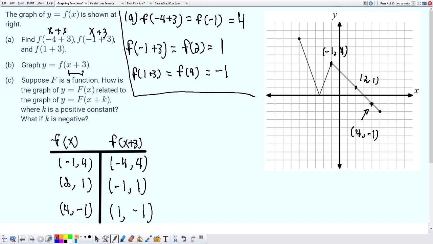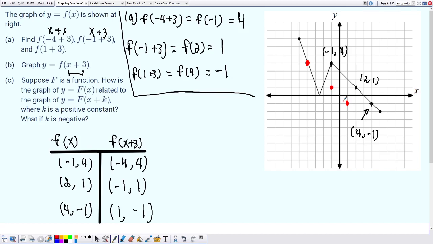Now let's graph those points. So we have negative 4, positive 4. We have negative 1, positive 1. And then we have positive 1, negative 1. Okay. Well, what's going on here?